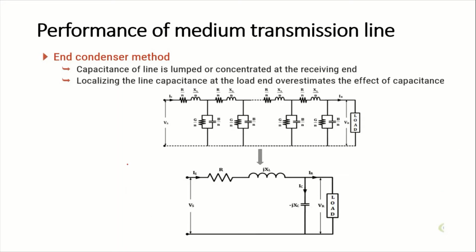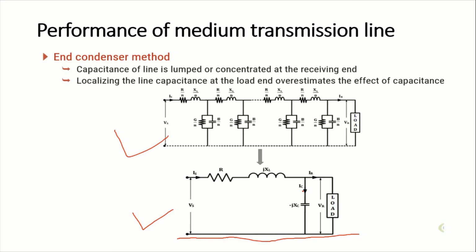This is the general circuit for the medium transmission line using the end condenser method, and this is the equivalent circuit of the end condenser. Here the below part is the neutral. Vs is the sending end voltage, Vr is the receiving end voltage, R is the series resistance, jXL is the series inductive reactance, the shunt capacitive reactance is denoted as minus jXC, and the current flowing through the capacitance is IC.